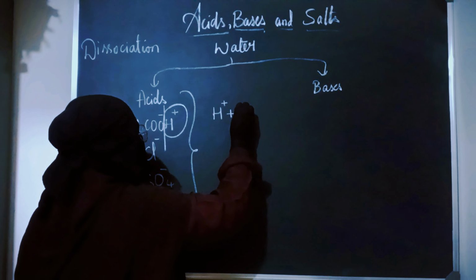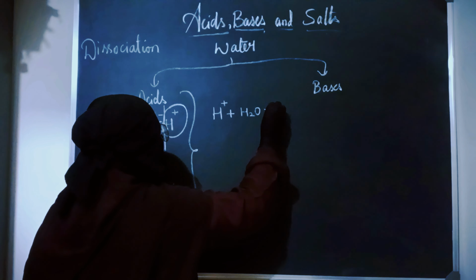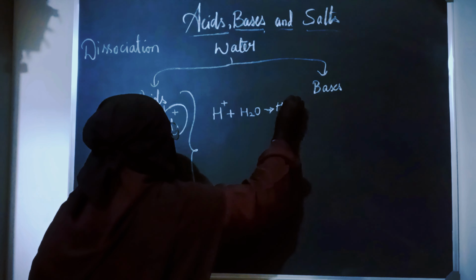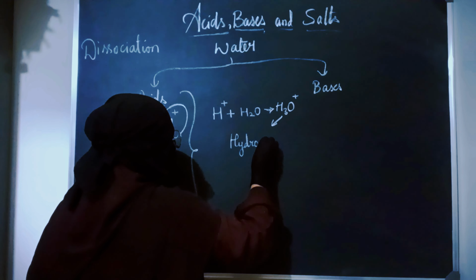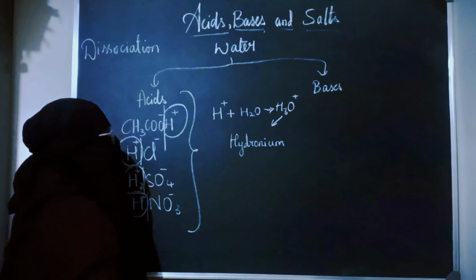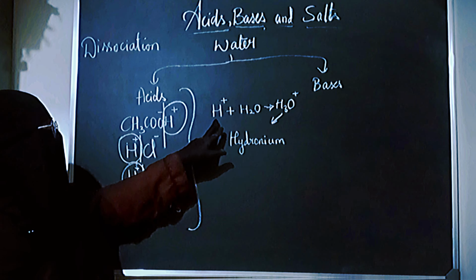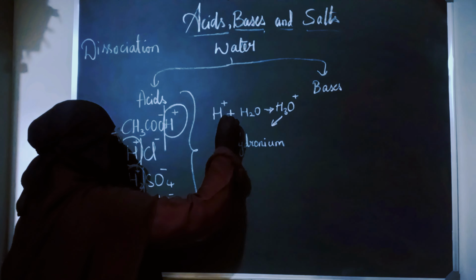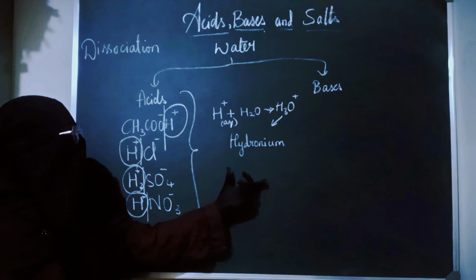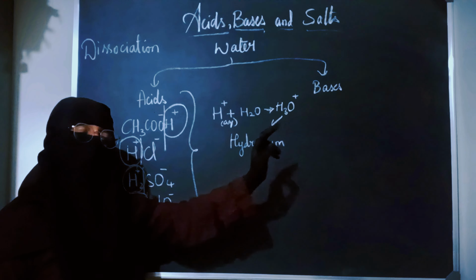So this H plus will try reacting with water, leading to the formation of H3O plus ion, which is also called the hydronium ion. So whenever we want to say that H plus is there in water, we either write it as H plus aqueous, or we say that it is the hydronium ion represented by H3O plus.